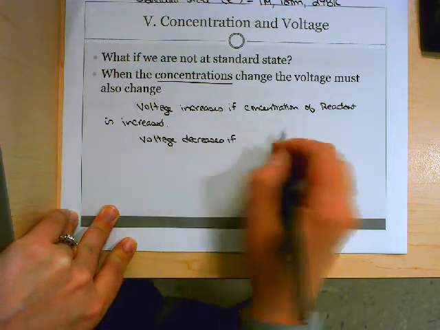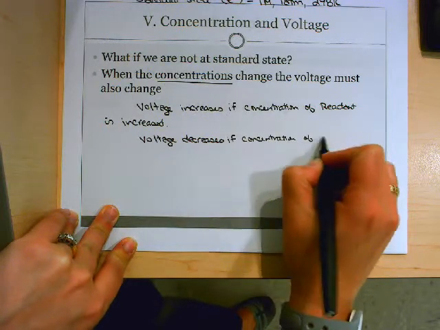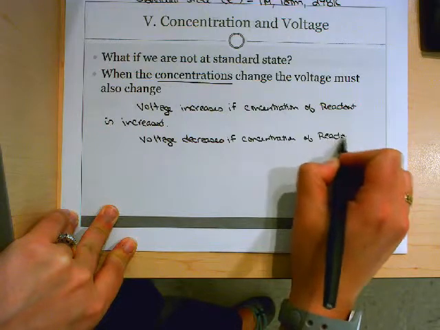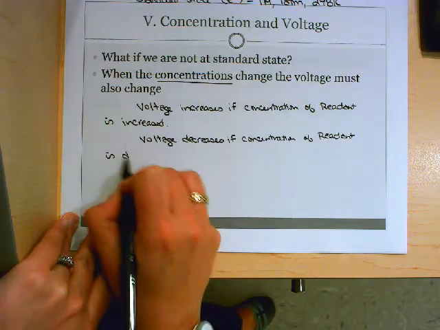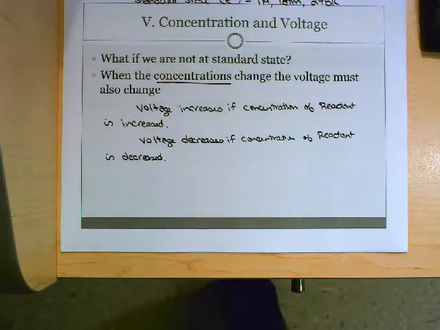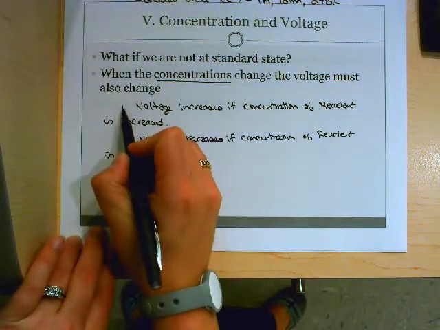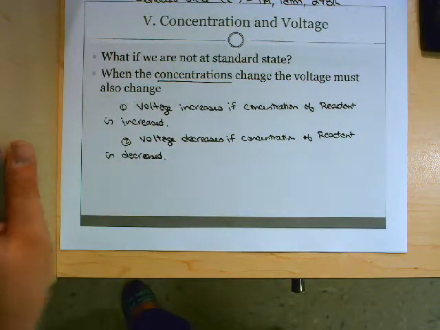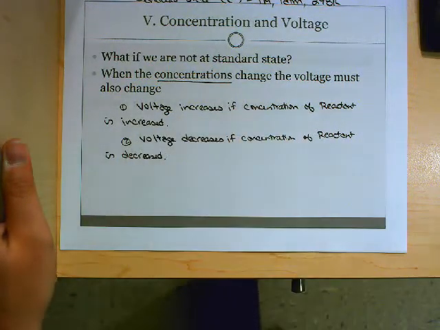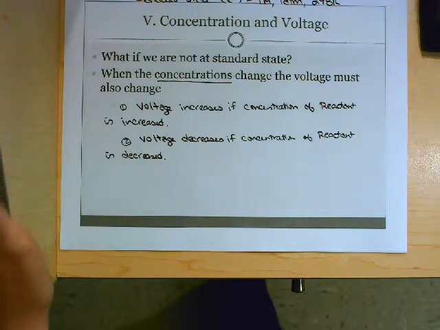Now I'll write the opposite statement if you have both. So the voltage must also decrease if the concentration of reactant decreases. If I have option 1 and option 2, which option tells me that the reaction is even more spontaneous?